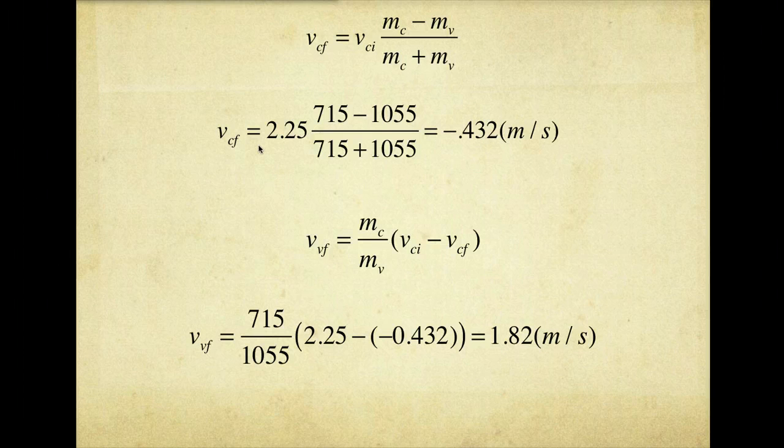Because remember, the car itself, when it just bumped into it, was going 225. So it gives some of its momentum to the van, and the van is so much more massive.